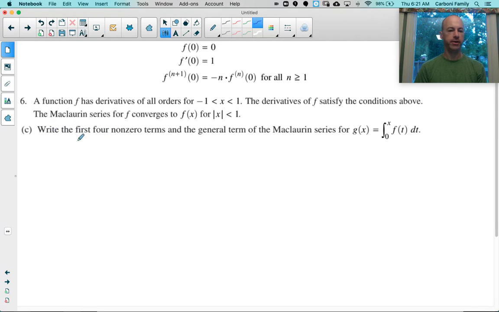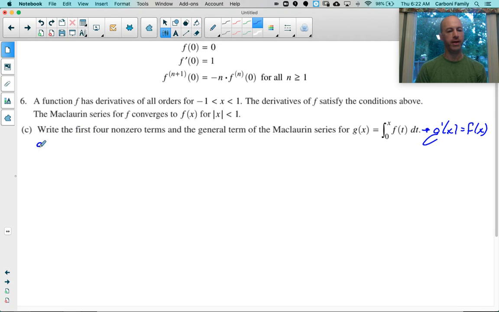Part C here introduces a function g, and they want you to write the first 4 non-zero terms for g. Anytime I see an integral defined function, one of the very first things I'm going to do is connect it to its derivative. g'(x) is going to equal f(x). And I like connecting g to f in this way because then I can use this information up here to find the first 4 non-zero terms.